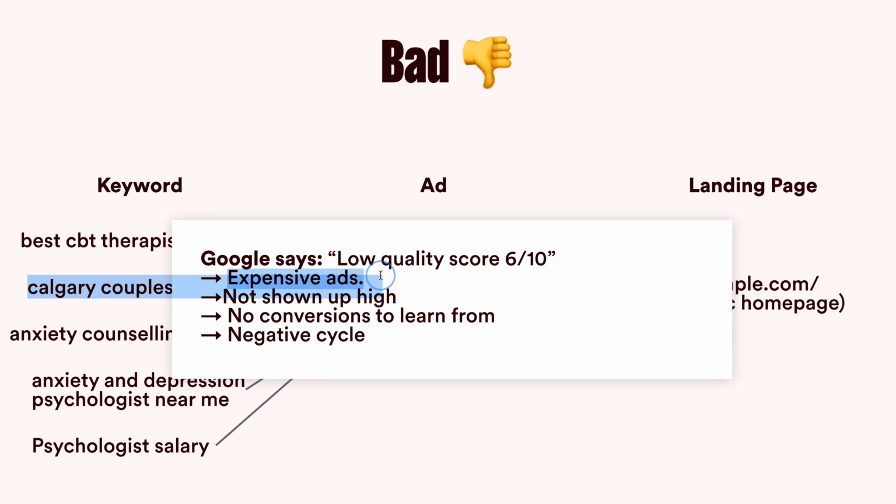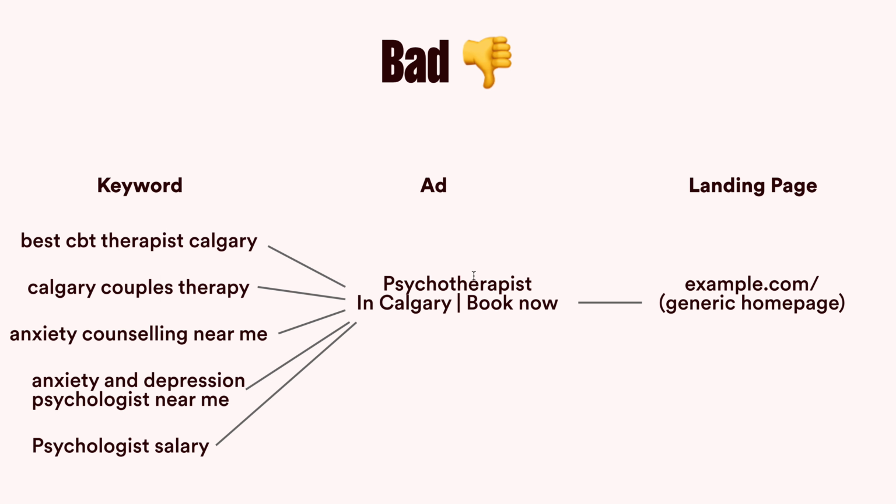So the ads are more expensive if they're low quality. There's a super high incentive to make really good ad, keyword and landing page combinations. They're not going to be shown up high. This is my understanding: someone who is running an ad for couples therapy, their ad will be up higher than your ad saying psychotherapist instead of couples therapy.